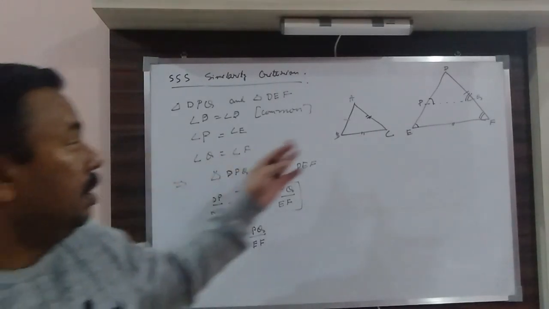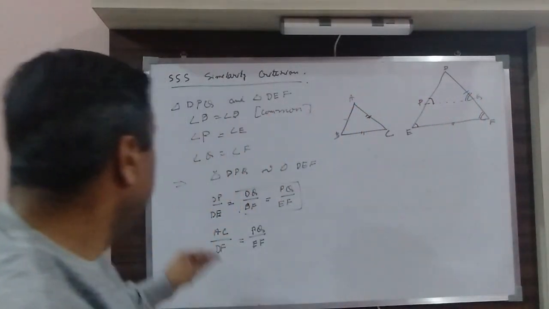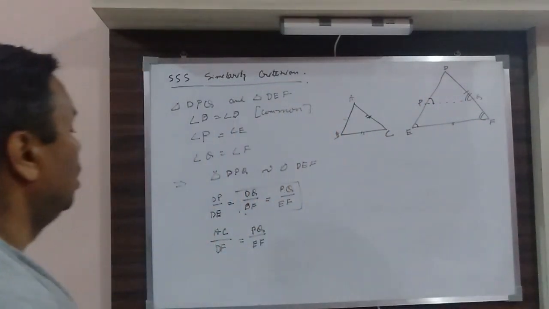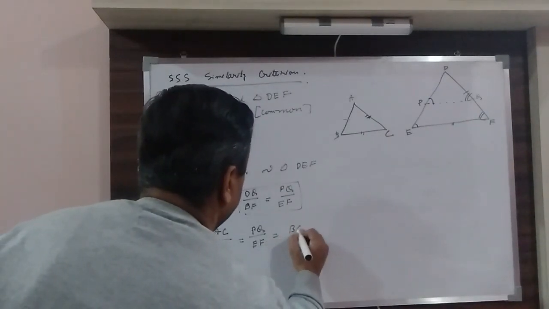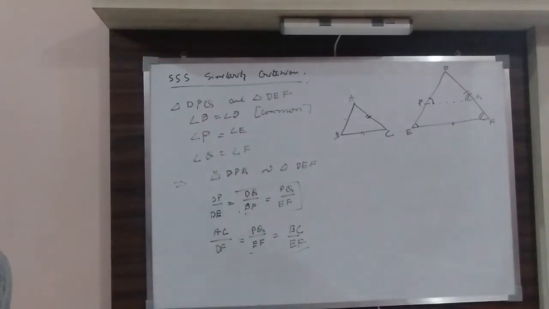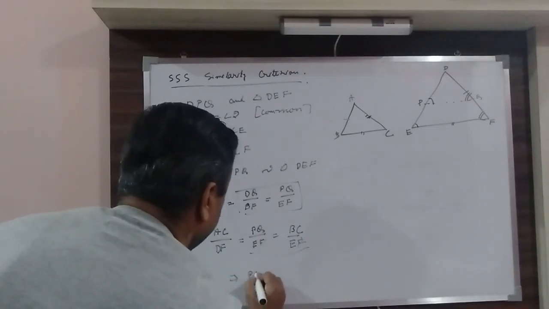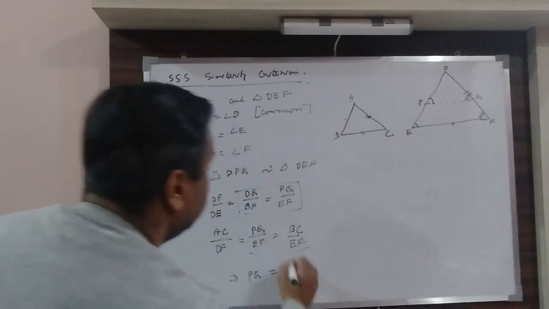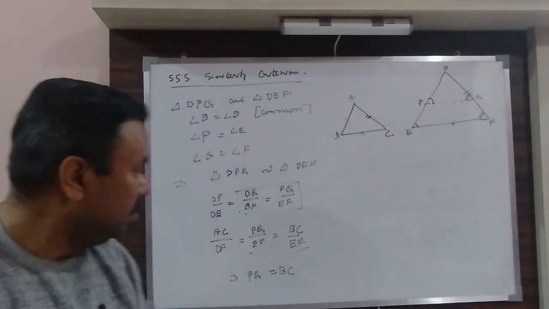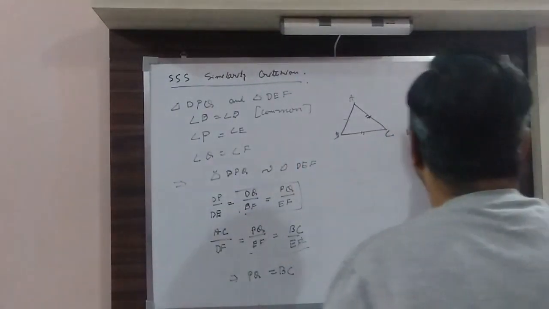It has been given that the corresponding sides of these two triangles are in the same ratio. That means AC over DF is equal to BC over EF. So it can be written as BC over EF. Now take these two. In this, you can cancel EF. This implies that PQ is equal to BC. So I got BC is equal to PQ.